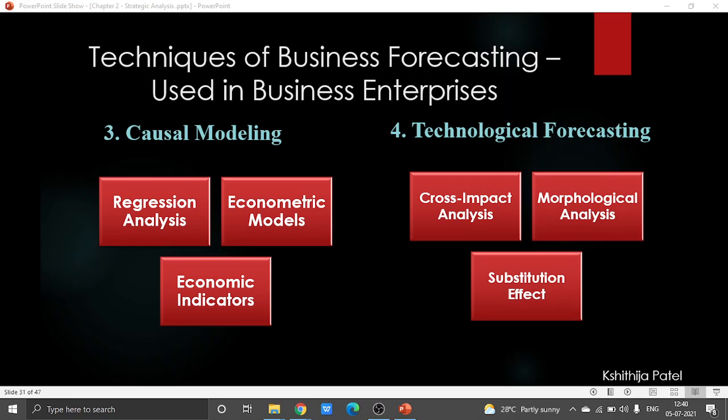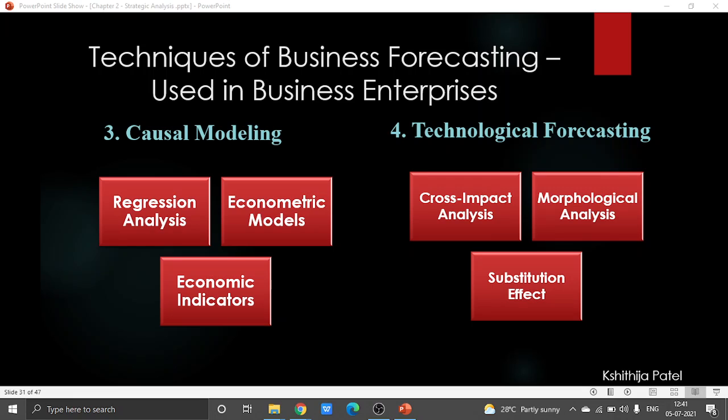You might have seen some 2 into 2 matrix or 2 into 3 matrix. Based on what the organization wants to know, a 2 dimensional or 3 dimensional matrix shall be prepared, and thereby they shall try to understand the effects of such elements on the business organization, and find answers to the questions that they have at hand.